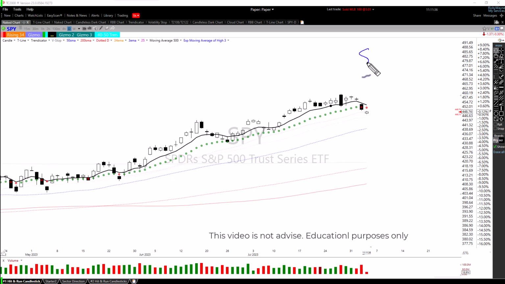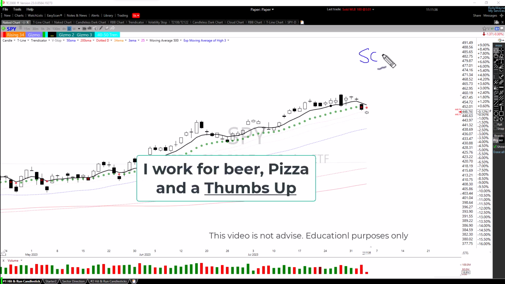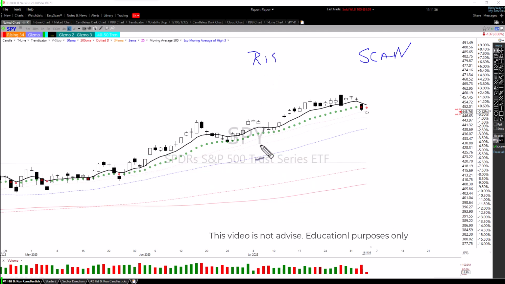We have to go back to the scanner, because I do a lot of scanning, okay? I do a lot of scanning for stocks. So that rising scan, I've always used the 17 rising 10 days.